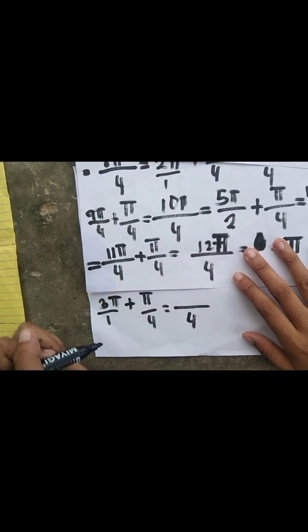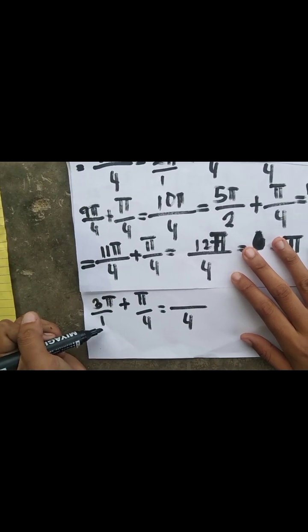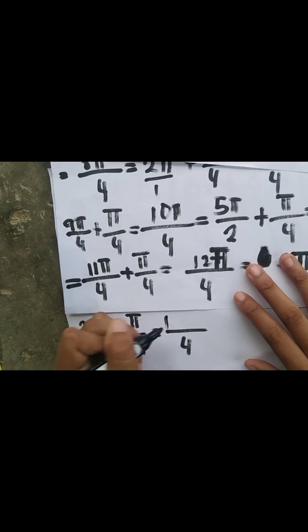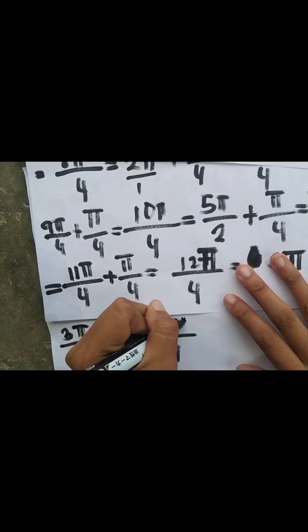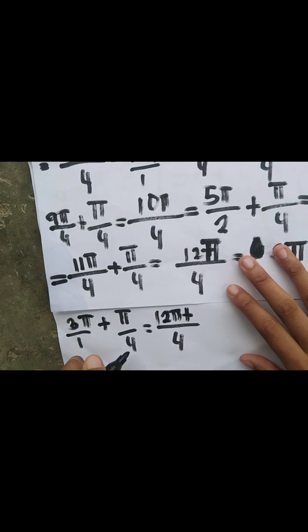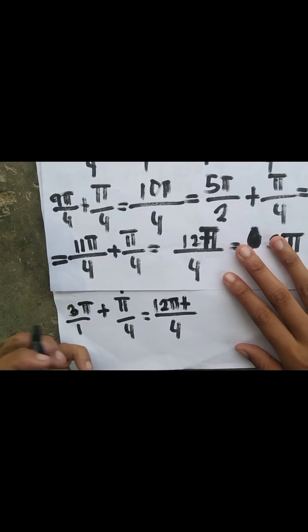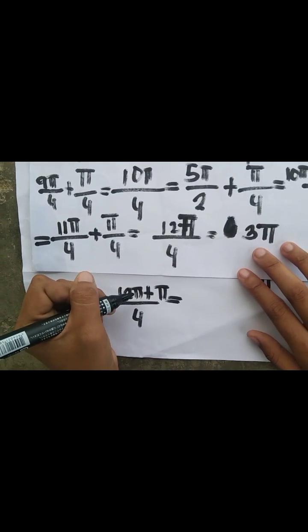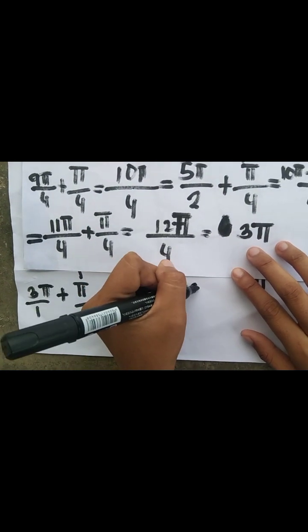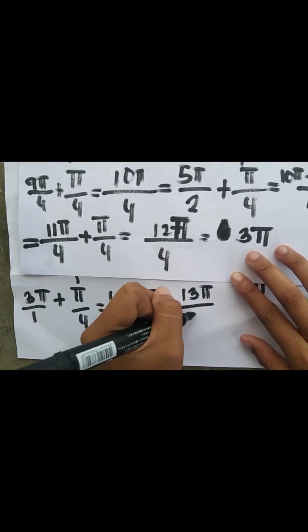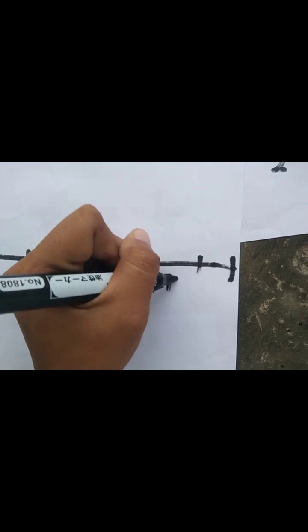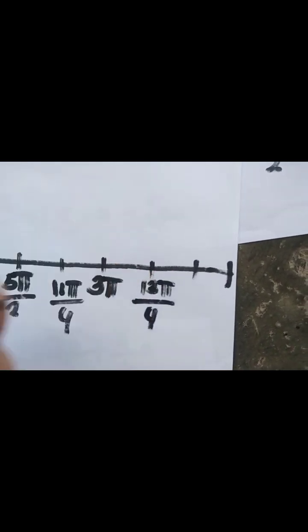Then 4 divided by 1 equals 4 times 3 equals 12 pi, plus 4 divided by 4 equals 1 times pi equals pi. So 12 pi plus pi equals 13 pi over 4. So this is 13 pi over 4.